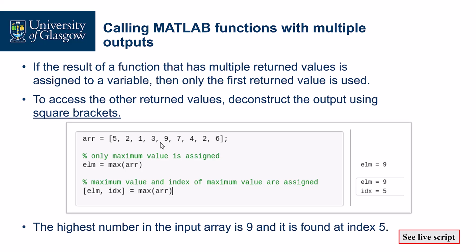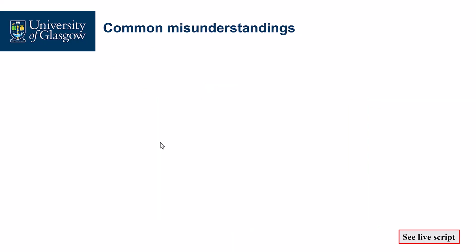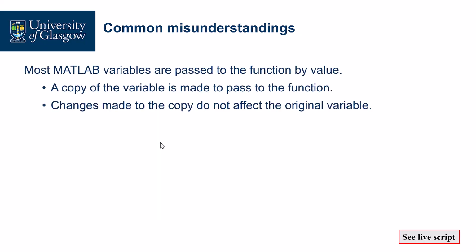MATLAB functions are the same as in all other languages. Most MATLAB variables are passed to the function by value. What does pass by value mean? When calling the function, a copy of the variable is made, and this copy is passed to the function. So any changes we make to this copy don't affect the original variable.